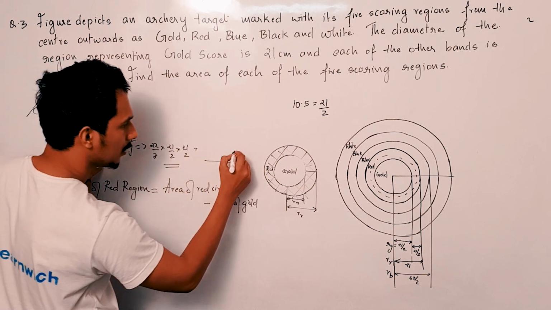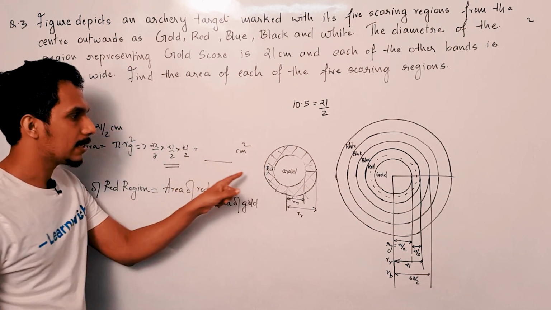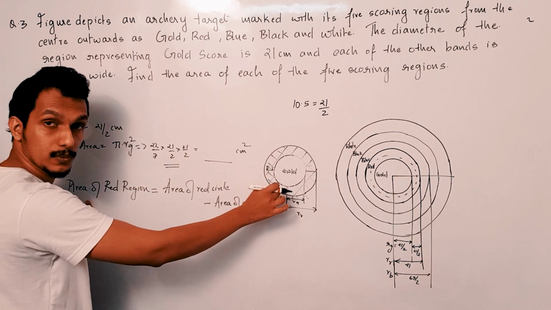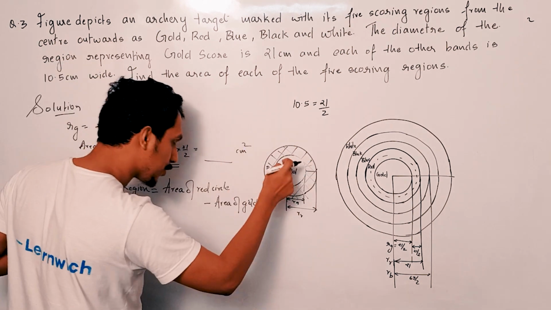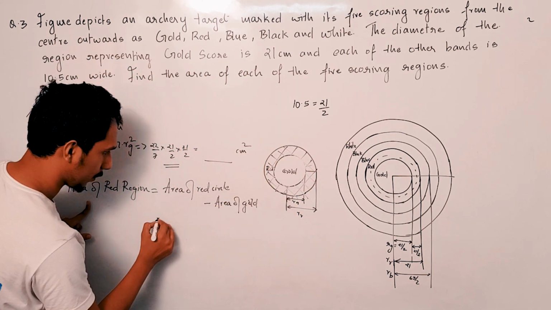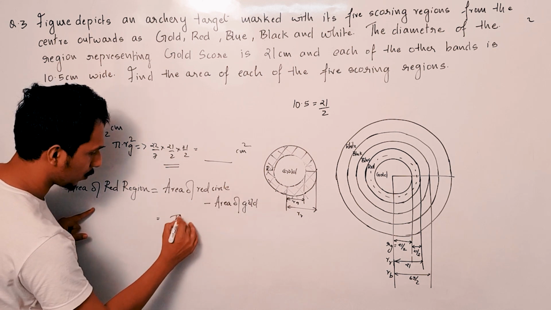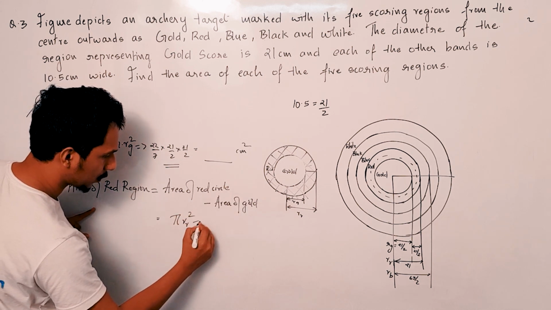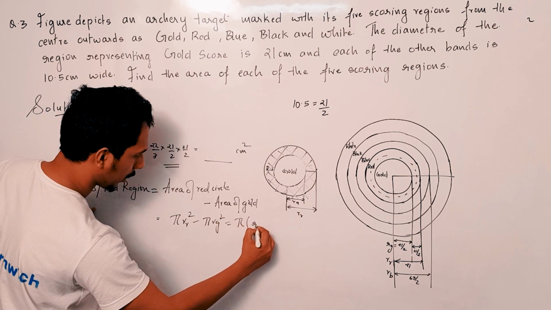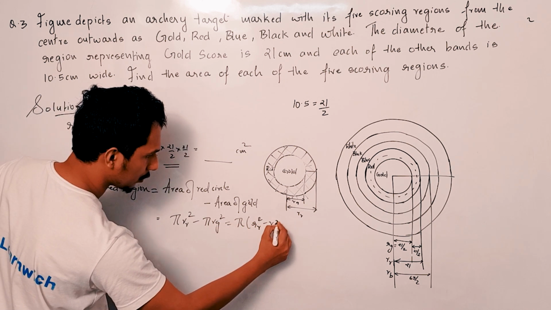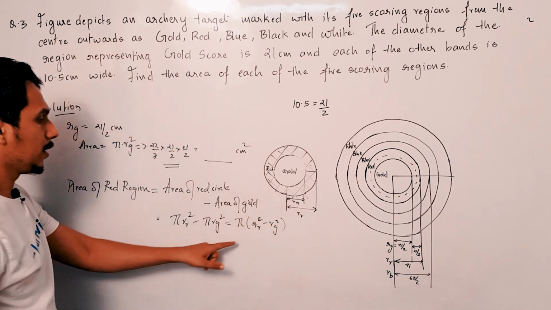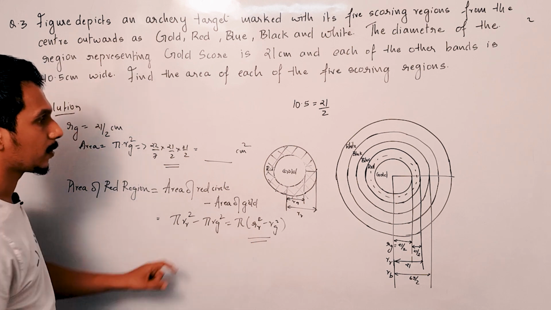You get a value here, this much centimeter square. That is the value of gold. Now you have to find the area of the red region. For that, the total area of red circle minus the gold circle will give you some answer. So this will be pi RR square minus pi RG square, or pi comes as common, you can get pi into RR square minus RG square. RR is how much? It's 21. Okay, with that you can find the red region.